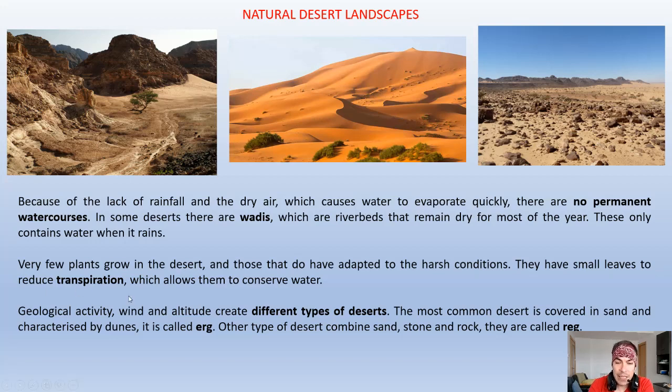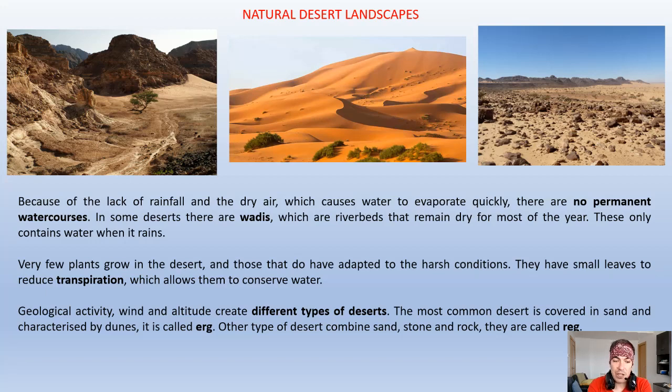So very few plants grow in the desert because of the lack of water, and those that do have adapted to the harsh conditions, condiciones duras. Okay, they have small leaves to reduce transpiration. Remember transpiration from the water cycle, which allows them to conserve the little water that they retain.